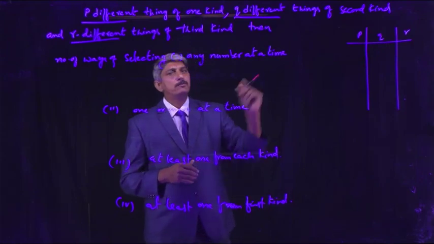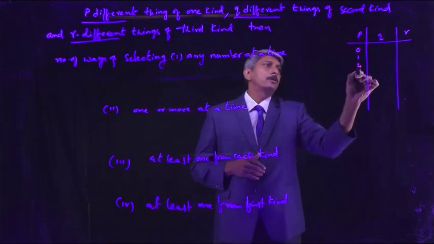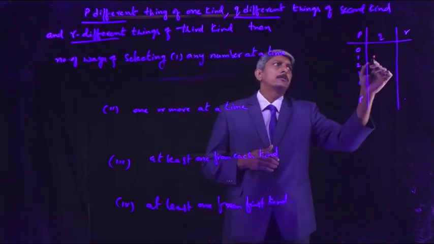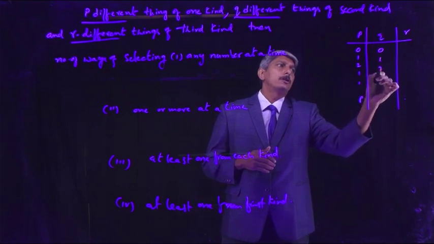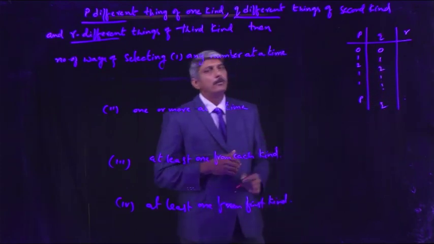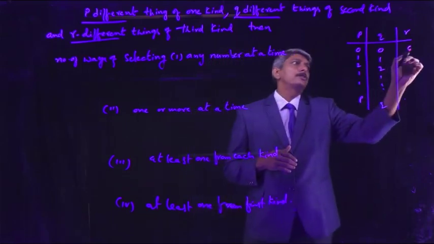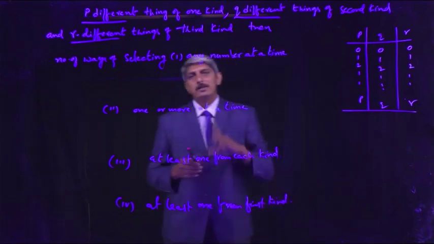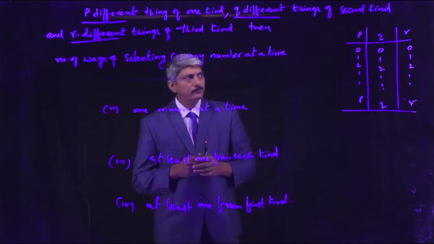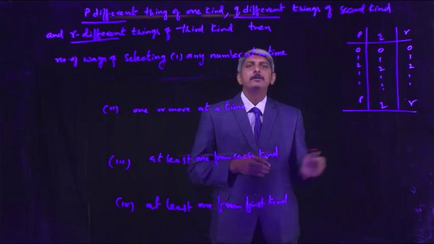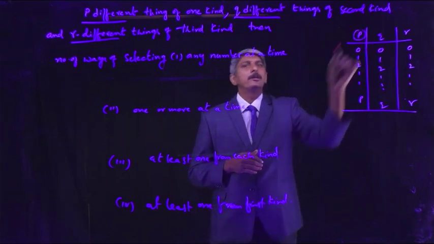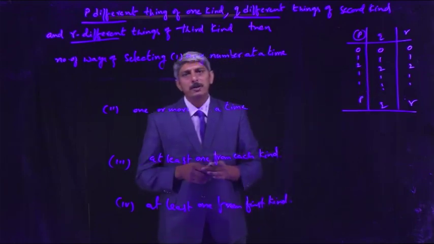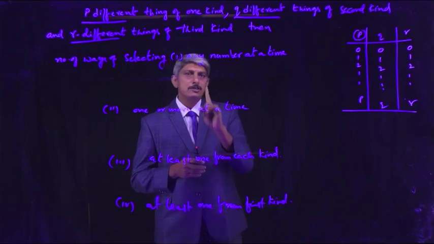We have to select from P things either 0 or 1 or 2 and so on up to P. We also select from Q things either 0 or 1 or 2 and so on up to Q. From R things, we have to select either 0 or 1 or 2 and so on up to R. The same cases arise in the previous and here also. But what is the difference? In the previous, P like things, so either 0 or 1 or 2 or 3 and so on up to P, the number of cases selecting r things is only one way.